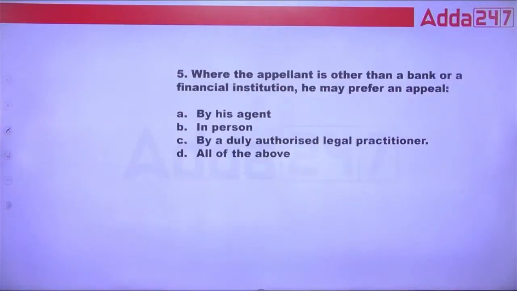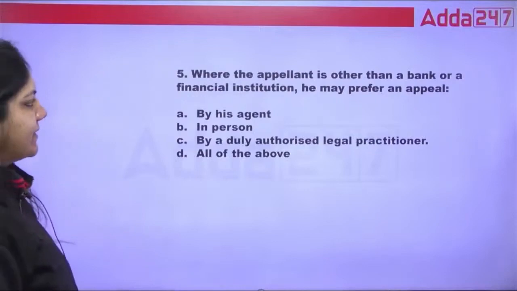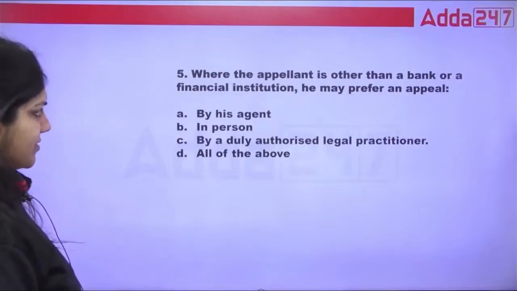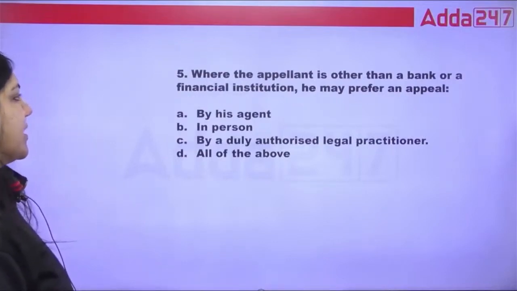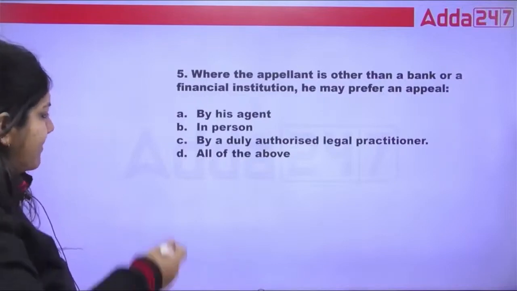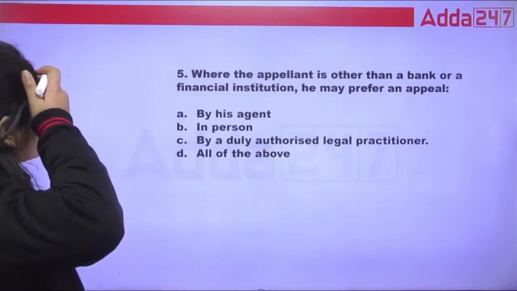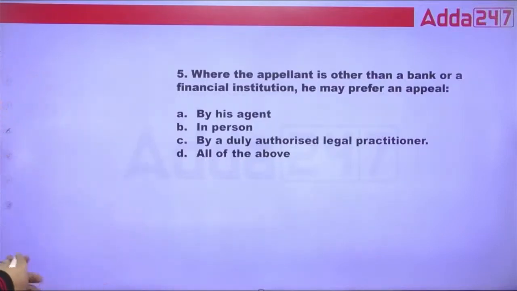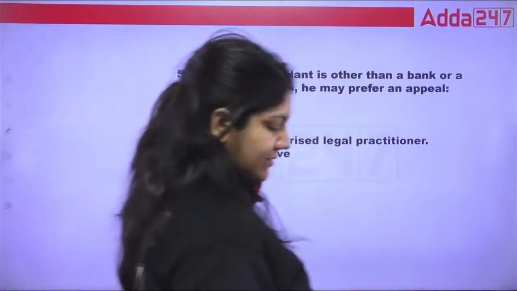Okay, next. Where the appellant is other than a bank or financial institution, he may prefer an appeal by what? By his agent, by any person, by a duly authorized legal practitioner, or all of the above. What is the right answer?